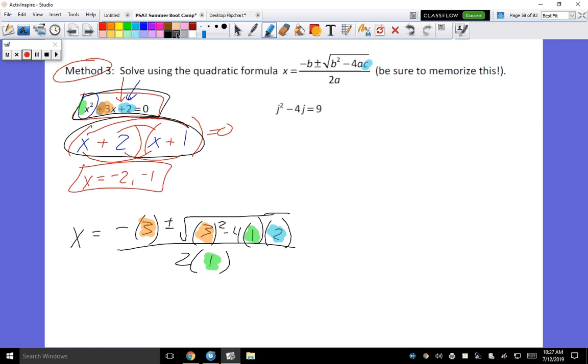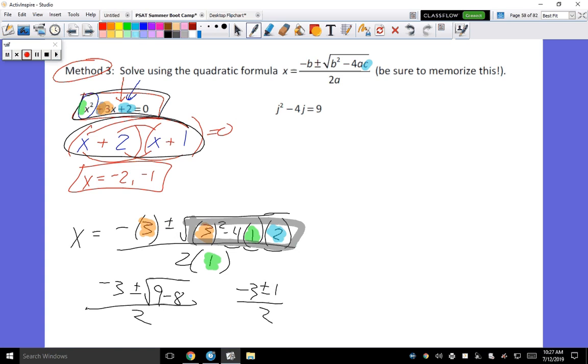Next step that you would do is you would solve this. So you get 9. Then a negative 4, positive 1, positive 2 becomes a negative what? 8. So you have 9 minus 8. You have this negative 3 all over 2. 9 minus 8 is 1. So it's negative 3 plus or minus 1 all over 2.